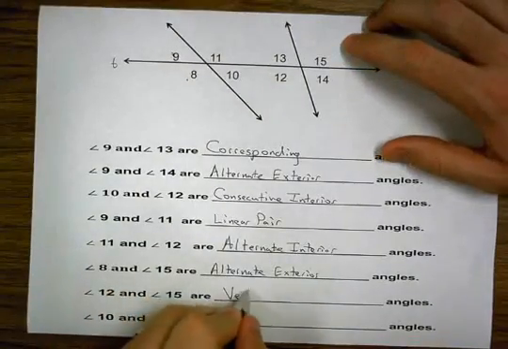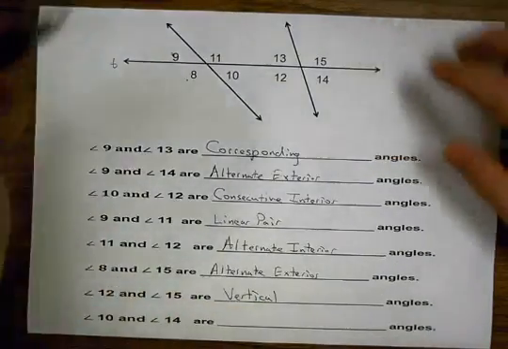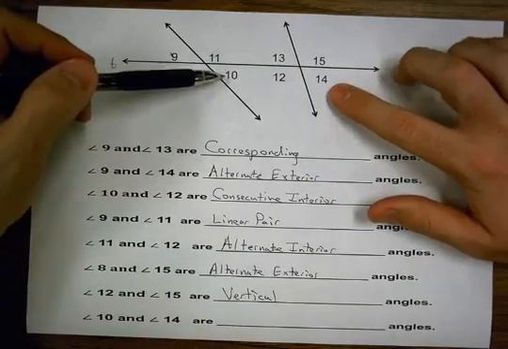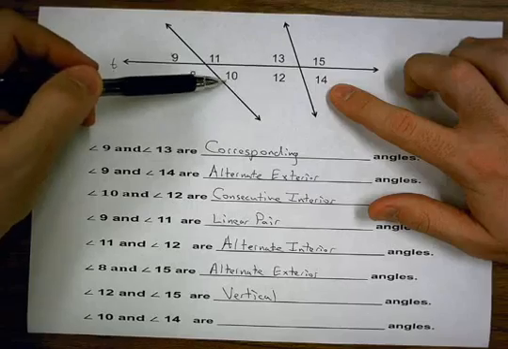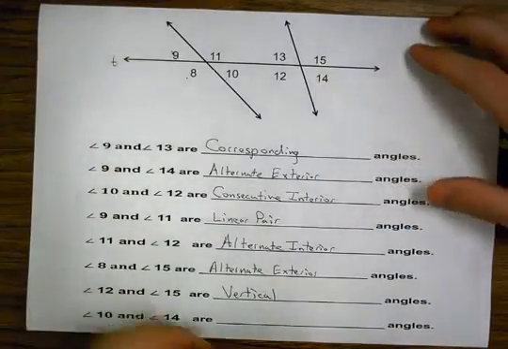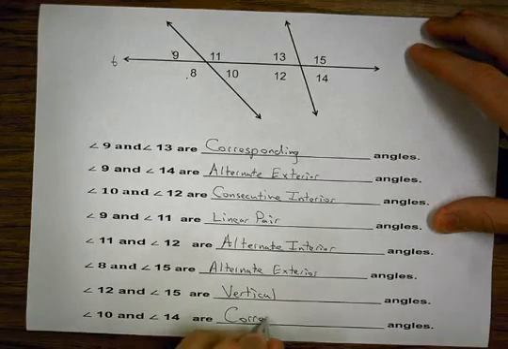Those are going to be vertical angles. Then 10 and 14, same side of the transversal, but one's inside, one's outside, but they're also in the same location. That makes them corresponding.